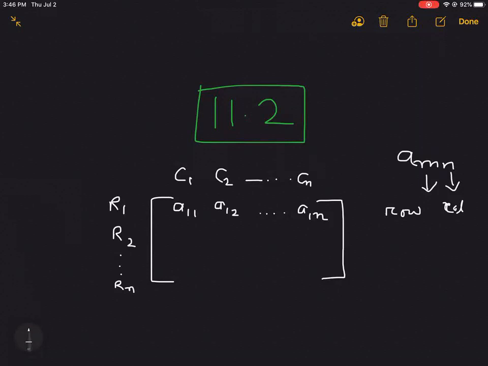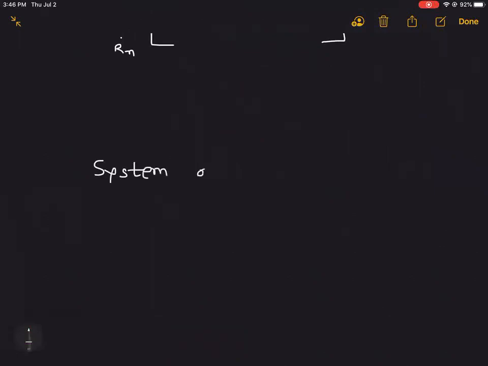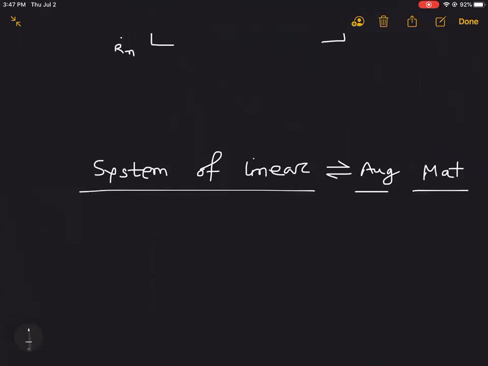So for that, first of all, as I said, from a system of linear equation, we'll see how can we write augmented matrix. And of course, then we'll see from the augmented matrix, how can you write the system of linear equation. Okay, let's start.